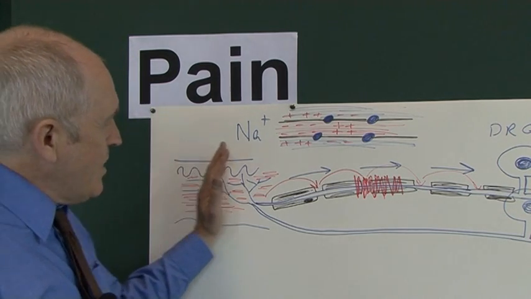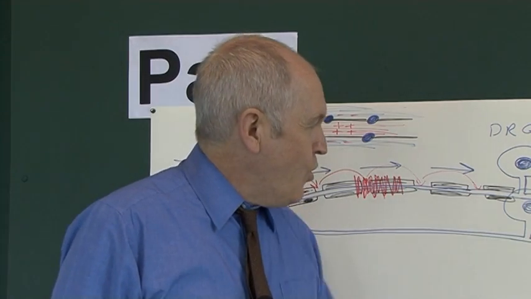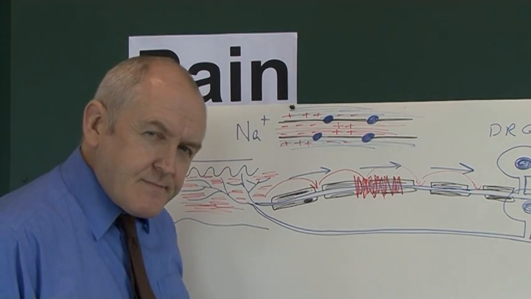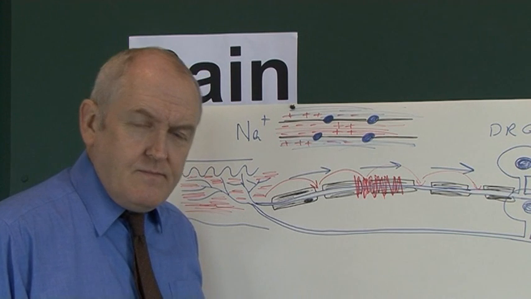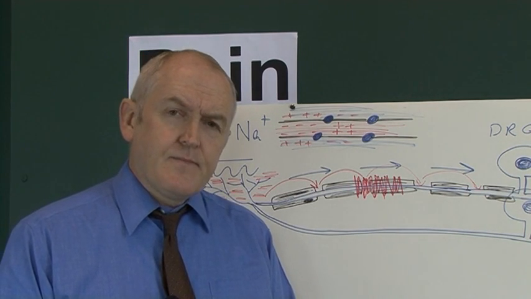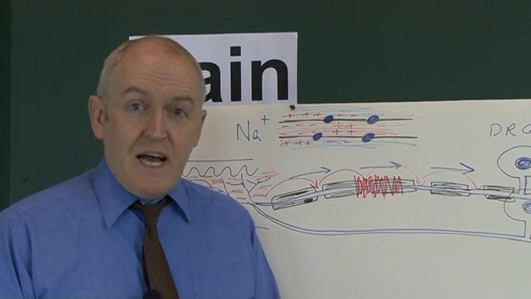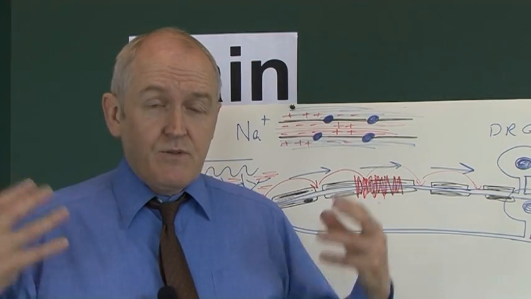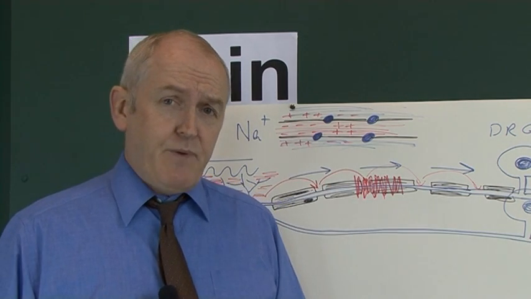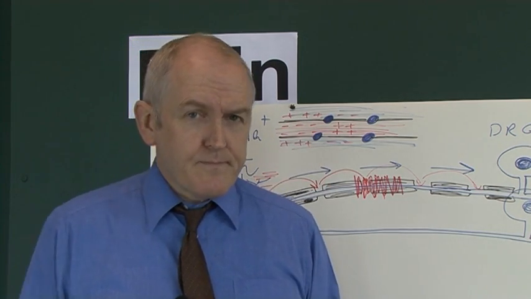So the pain is going along towards the central nervous system. Now, as you probably know, the brain communicates with the body in two ways. You know about the 12 pairs of cranial nerves going directly to and from the brain, and also via the 31 pairs of spinal nerves going via the spinal cord.